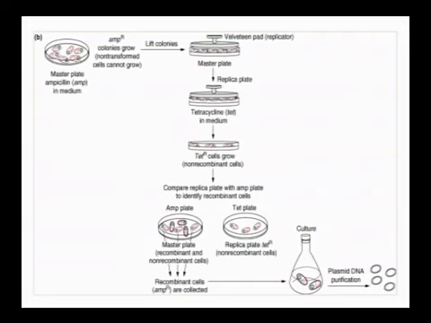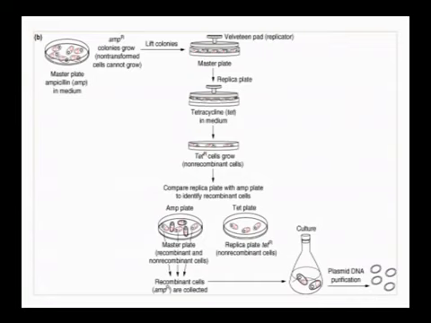Depending on which selectable marker gene we have inactivated, we grow the recombinant cells in the nutrient medium. Especially if you have inactivated the tetracycline selectable marker gene, we have to grow them in ampicillin, which acts as a master plate.